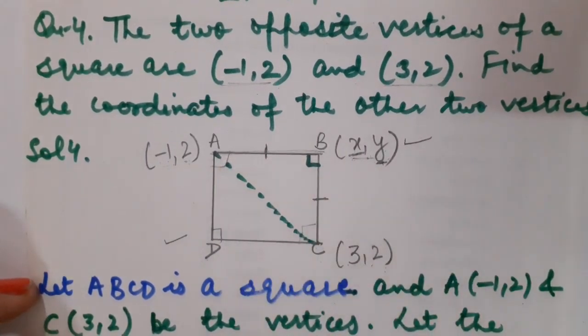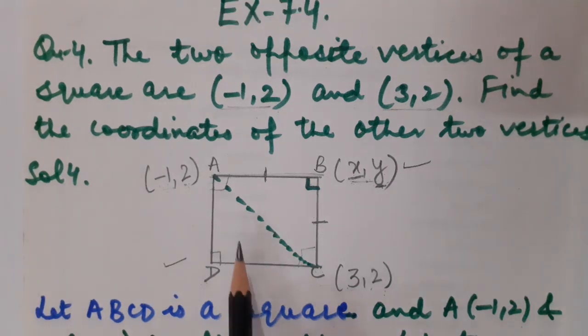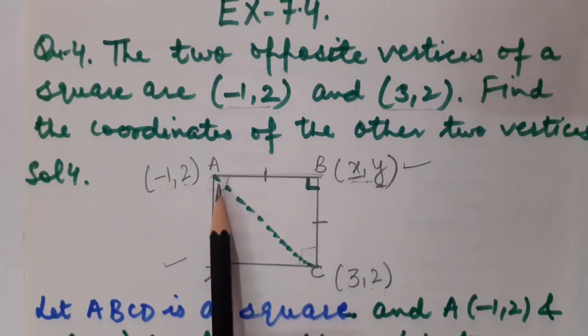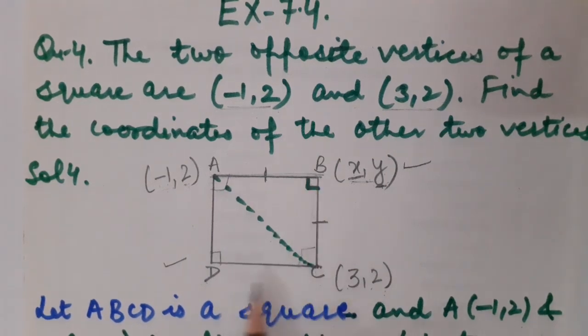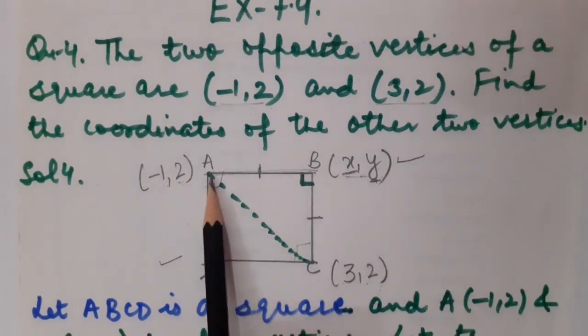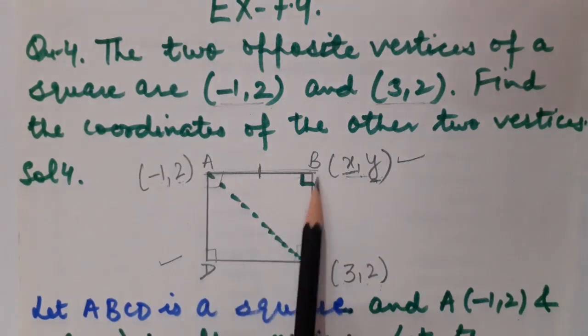That the square of the side which is opposite to 90 degrees, that is the hypotenuse, hypotenuse square is equal to the sum of the squares of the other two sides. Or in other words, hypotenuse square is equal to base square plus height square. Correct? This is the statement of Pythagoras theorem.